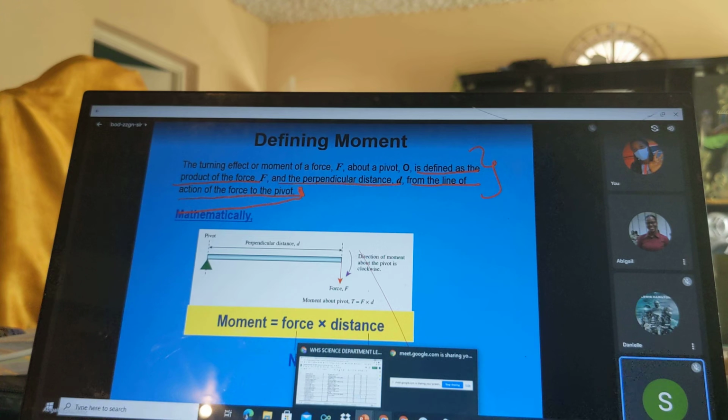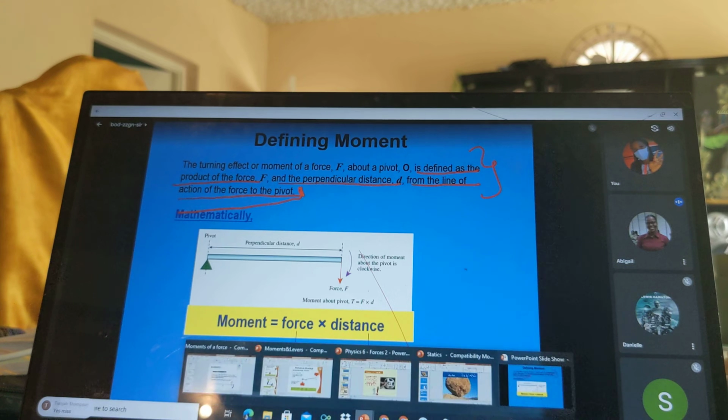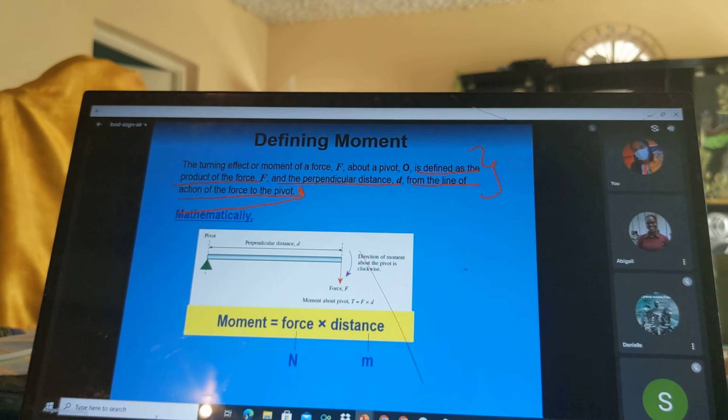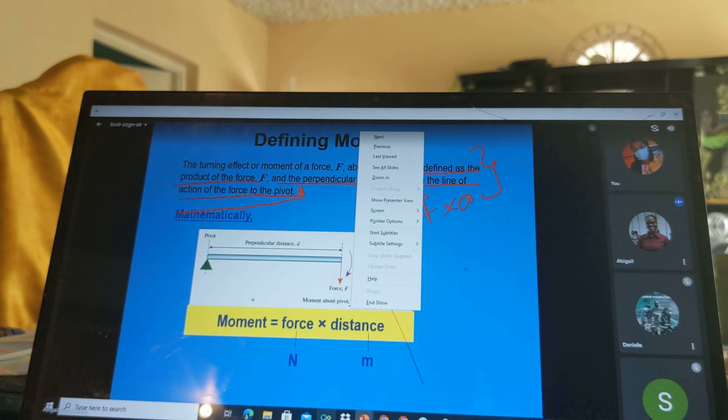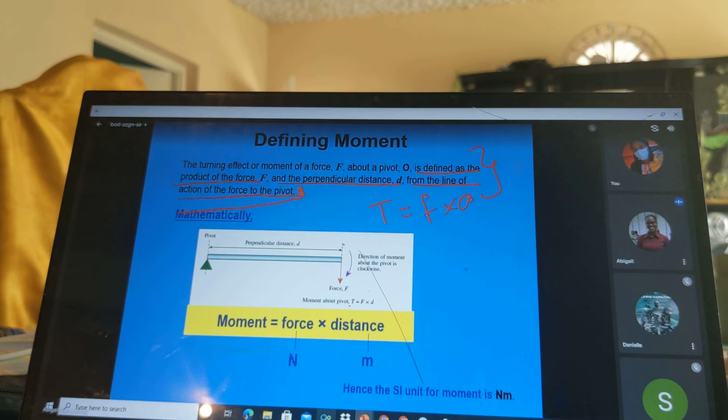Alright. Anything that we do over here, we can generally put in some mathematical form. In order to calculate the moment of a force, we represent the moment of a force using the symbol T, which is equal to F times D. That is the moment of a force about a pivot. You need to be able to identify the force and the pivot.